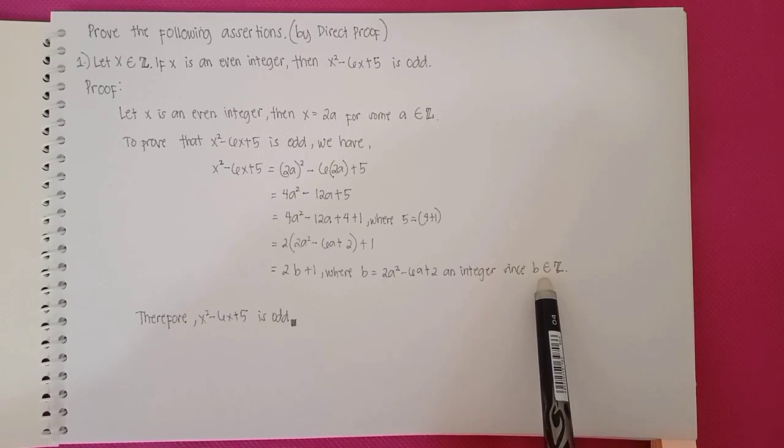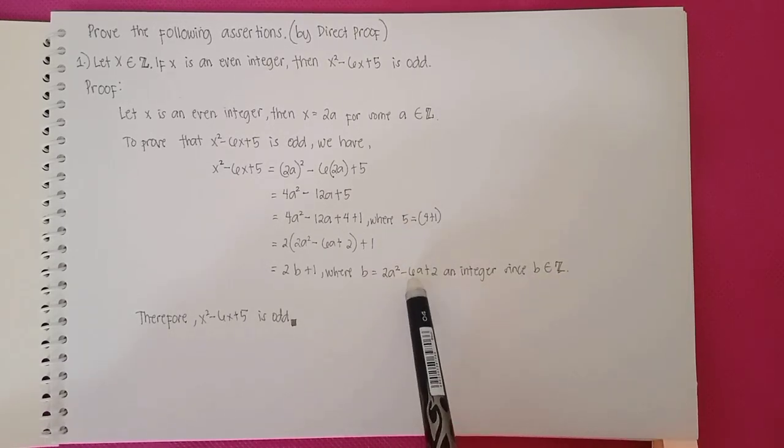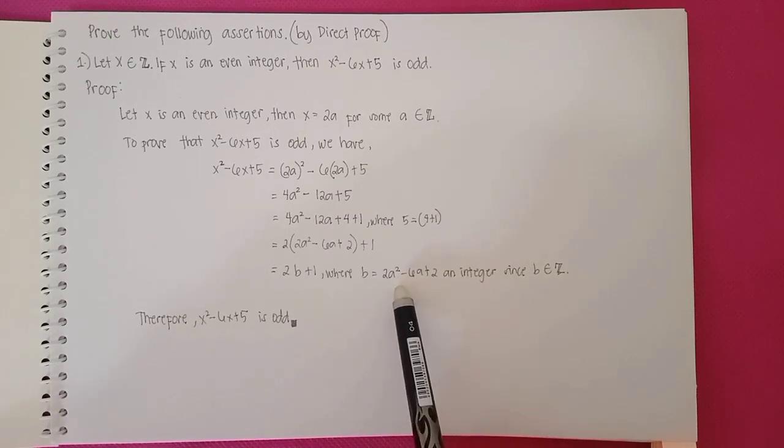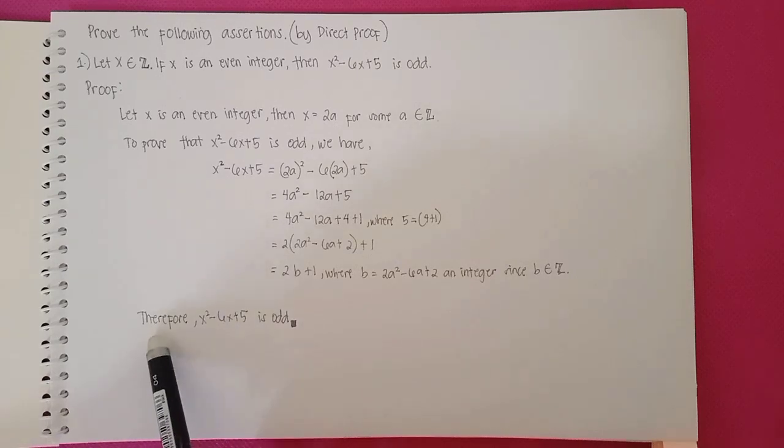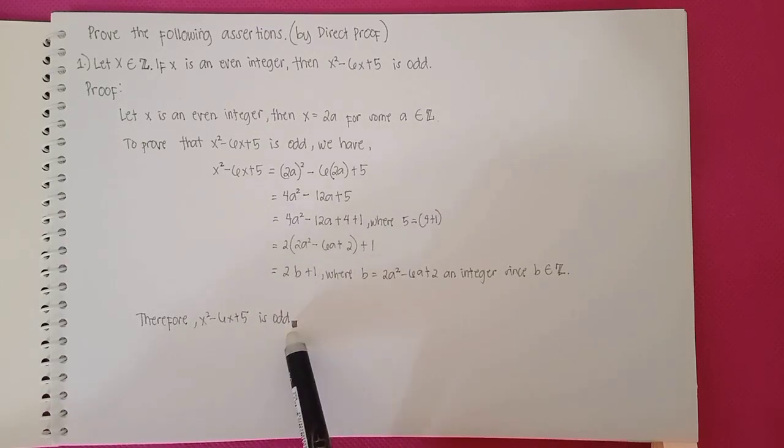Since b is an element of integers, 2a squared minus 6a plus 2 is an integer by multiplication and addition property. Therefore, we prove that x squared minus 6x plus 5 is odd.